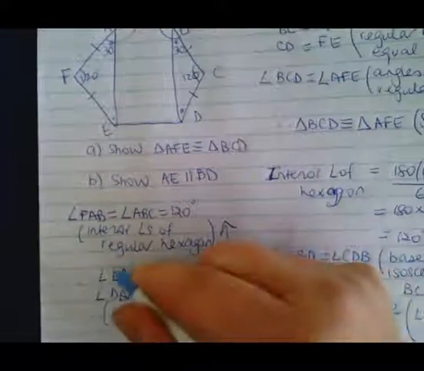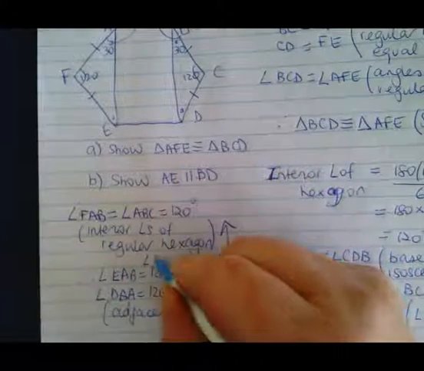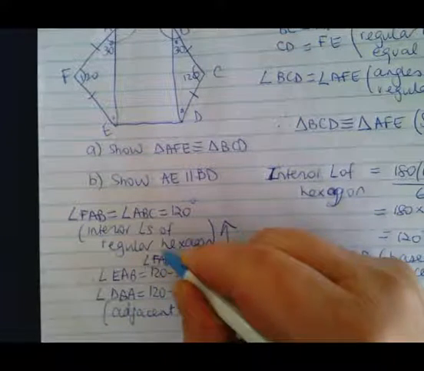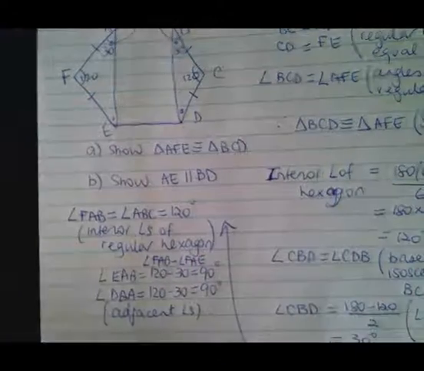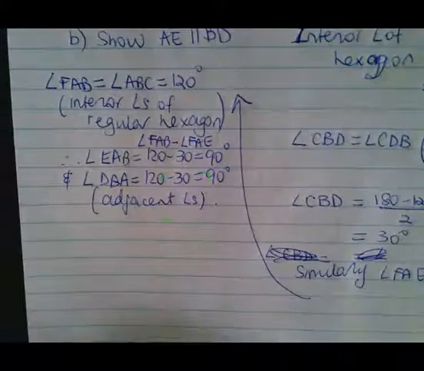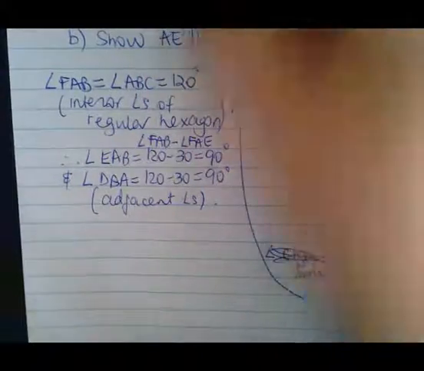If we're worried, you could say EAB is FAB minus FAE, if you want to show the exact angles. It's that minus that, got it? So now you've got two right angles.